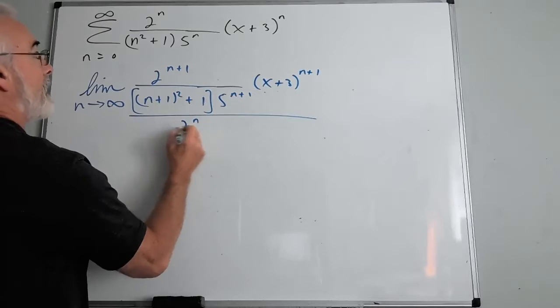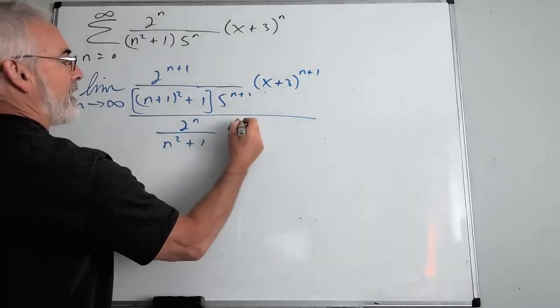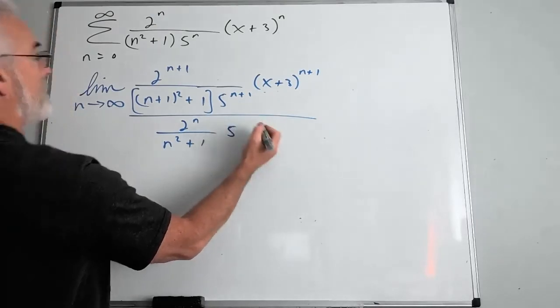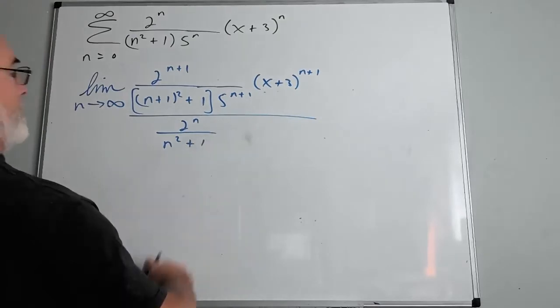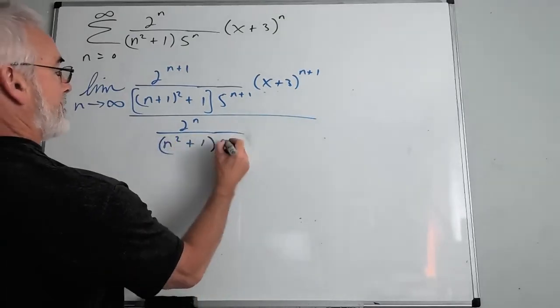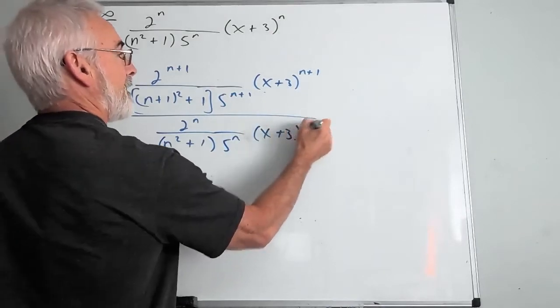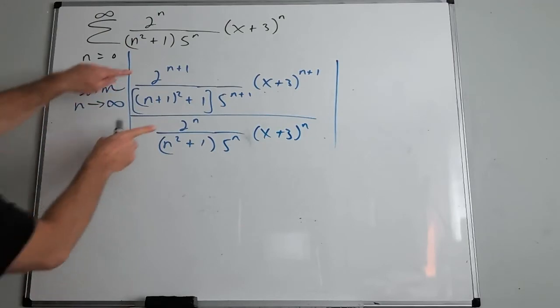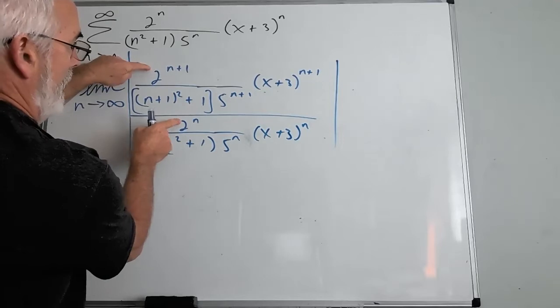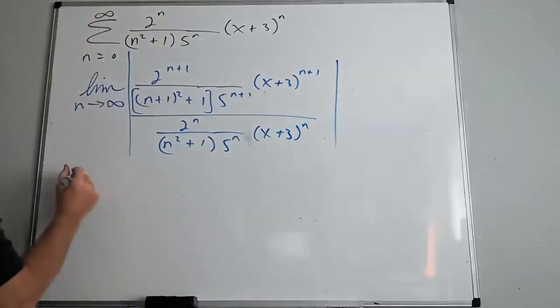And then 2 to the n over n squared plus 1 times 5 to the n, and then x plus 3 to the n, and all in absolute value. Sorry, I put it in the wrong place. 5 to the n should go down here. Okay, well, I'm going to get cancellation here, here, and here.